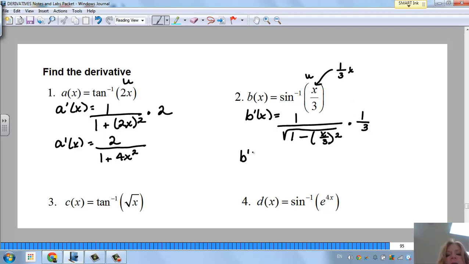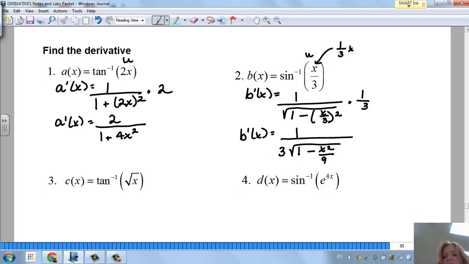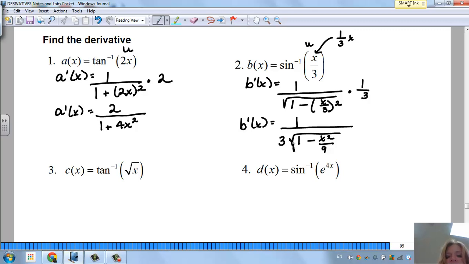So b prime of x is going to be 1 over 3 radical 1 minus x squared over 9. And you have to square the top and the bottom. So that's what that one would be.